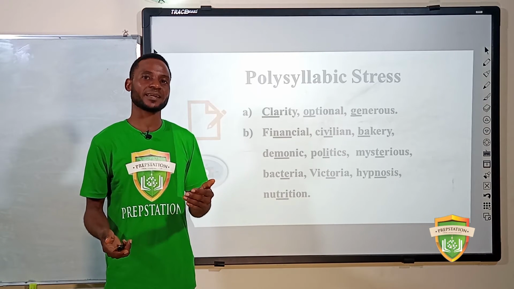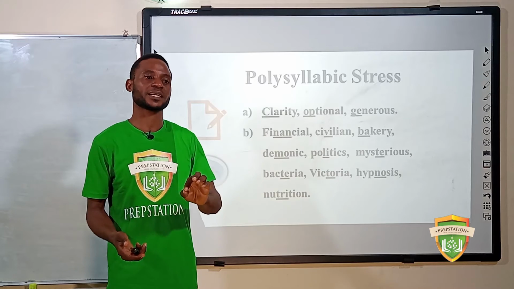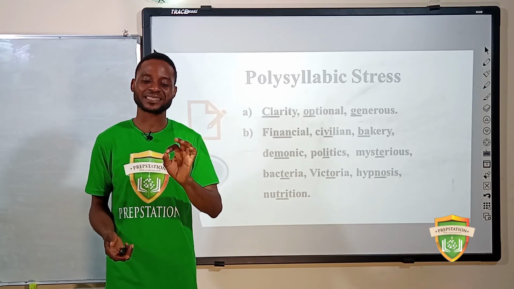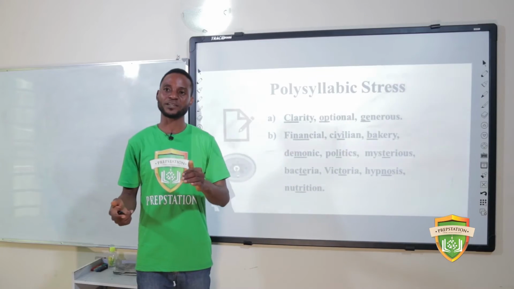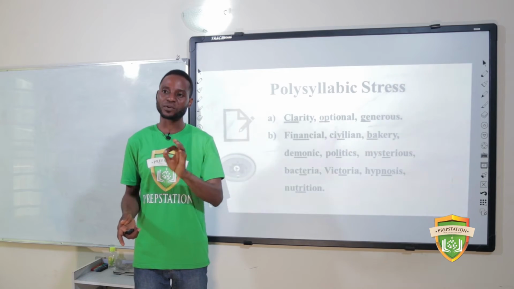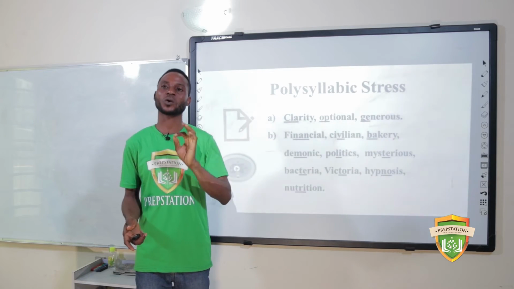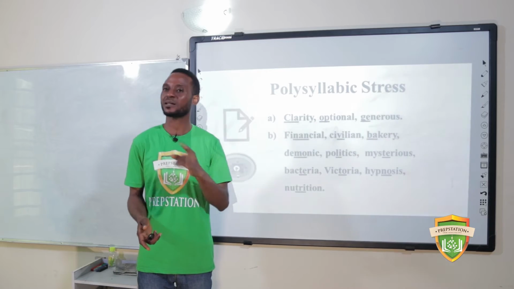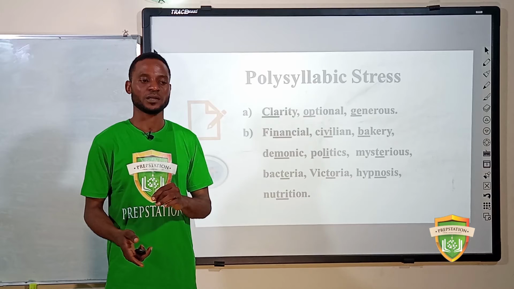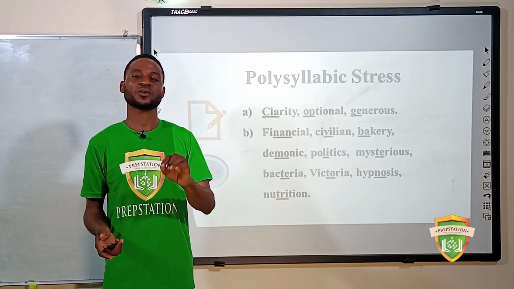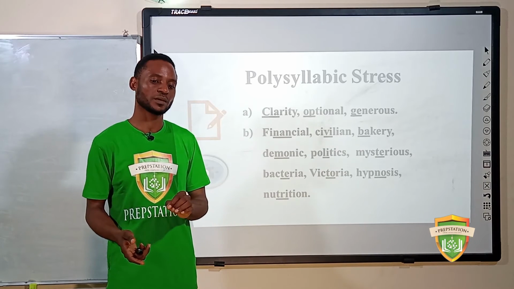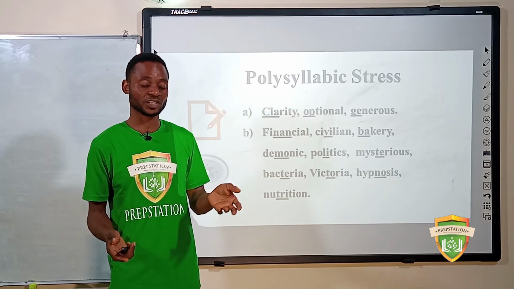I want to take that again. For nouns and adjectives that are bisyllabic, a situation whereby you have two syllables, the primary stress falls on the first syllable, not the second. A lot of time you have it on the first syllable, but there could be some exceptions.